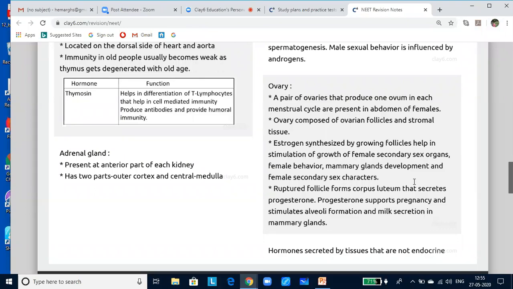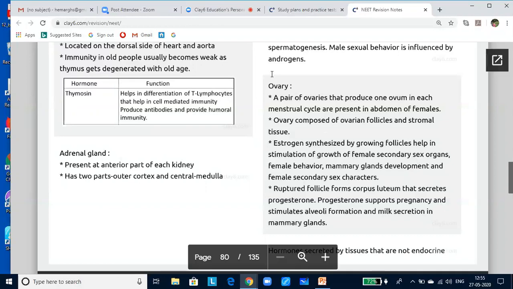Estrogen is synthesized by the follicles, and this helps the stimulation of the female secondary sex organs, female behavior, development of mammary glands, and appearance of secondary sexual characters of females. Now, the ruptured follicle will form the corpus luteum that secretes progesterone. This progesterone plays a very active role in supporting the pregnancy and stimulates alveoli formation and milk secretion in the mammary glands.